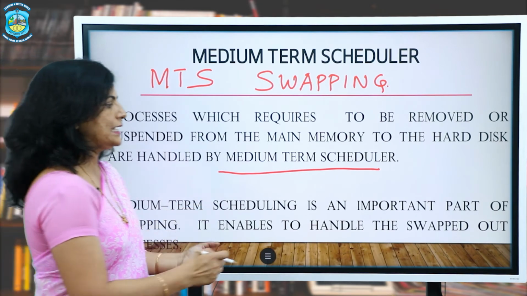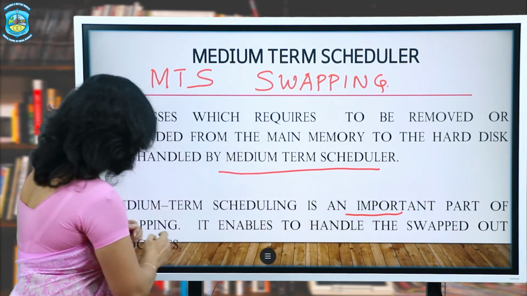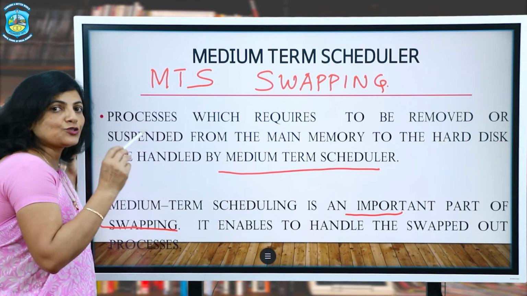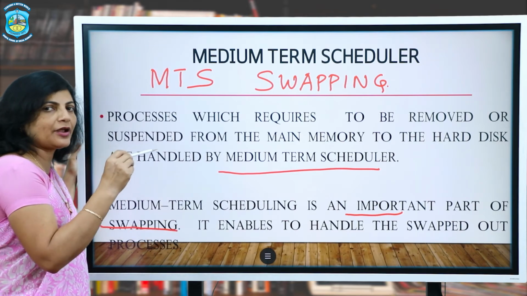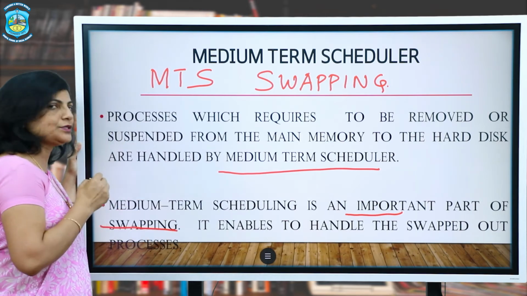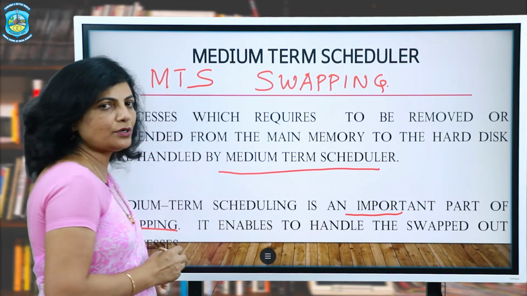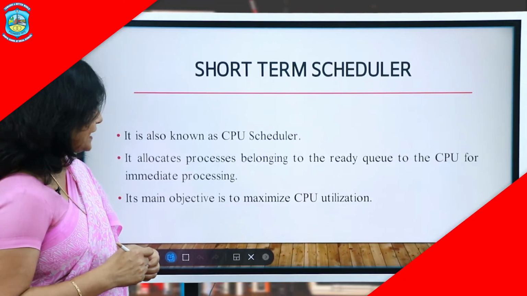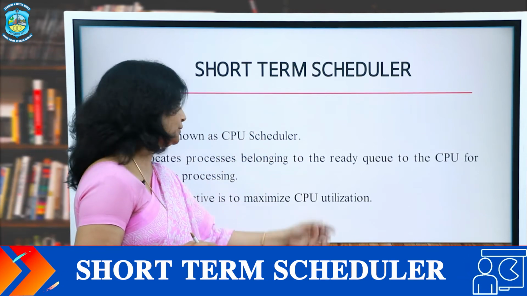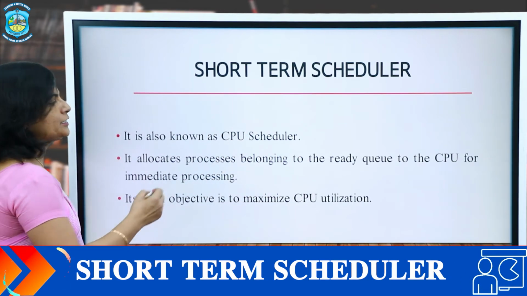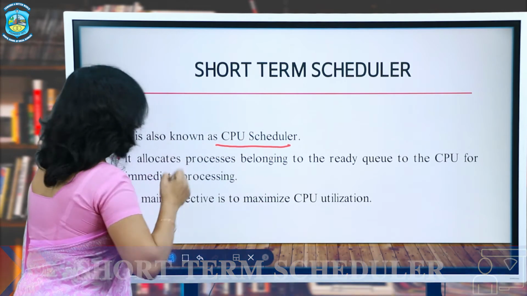Medium-term scheduling is an important part of swapping because it swaps out processes from the primary memory to the secondary memory, and it enables handling of the swapped-out processes. Next is the short-term scheduler, also known as the CPU scheduler.